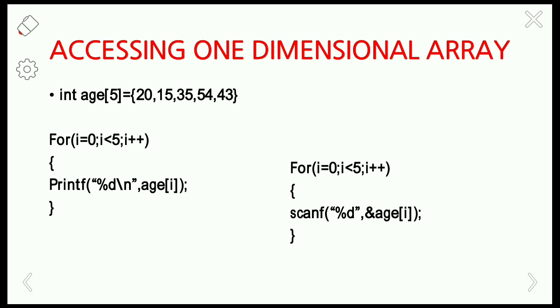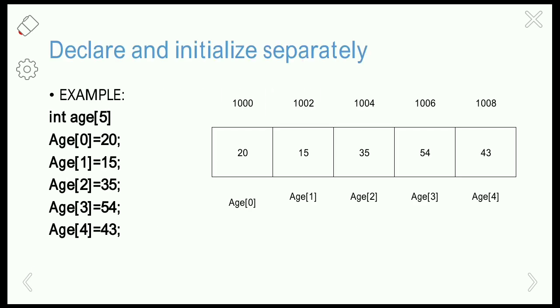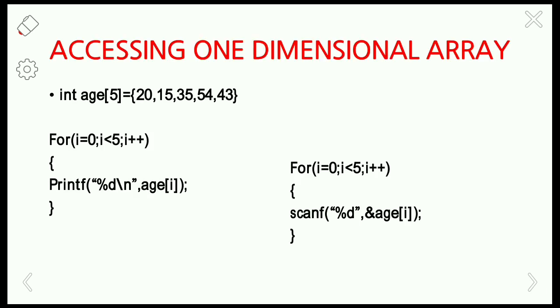Suppose I want to access a particular person's age, the third person. Here the third person's age is 35. To access the age of the third person, we write the statement printf("%d", age[i]).